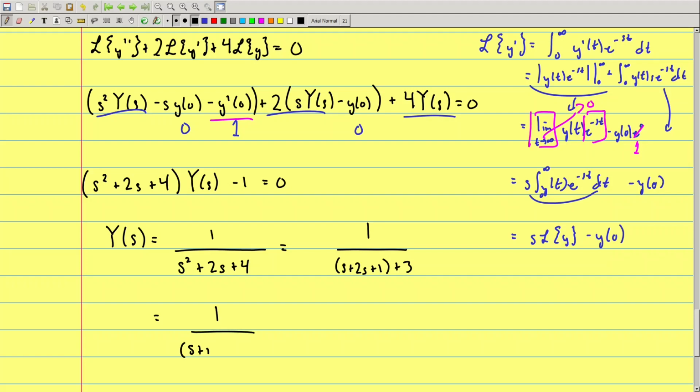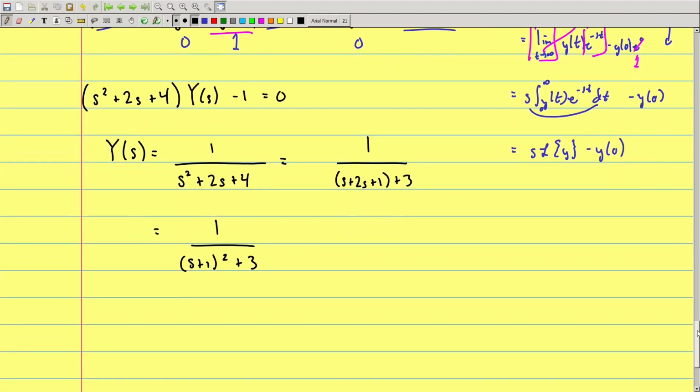Which conveniently for us makes everything look like a perfect square in the denominator. Okay. And the form that it turns out that we're going to try to match here is going to be this form from the table.